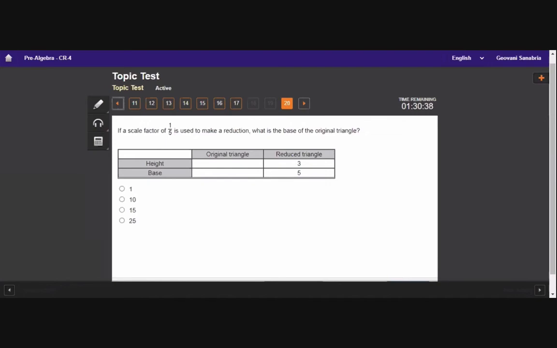So the base of the original triangle would be 25? I think so. Yeah, 25 divided by 5 equals 5. Because if it's a reduction, it's got to get smaller, and it got smaller by 5, or changed by 1/5.